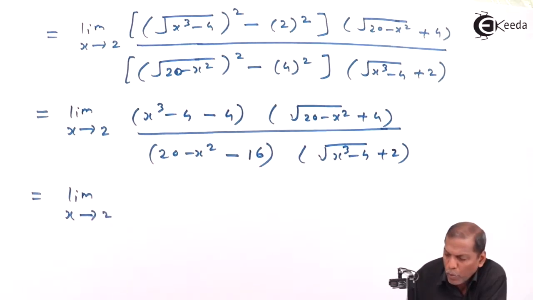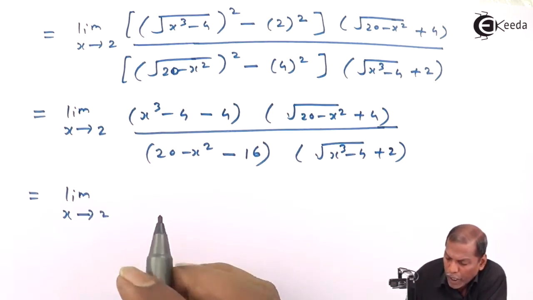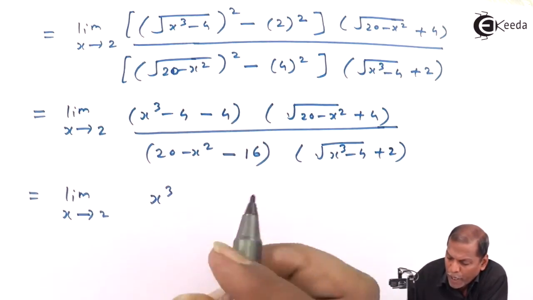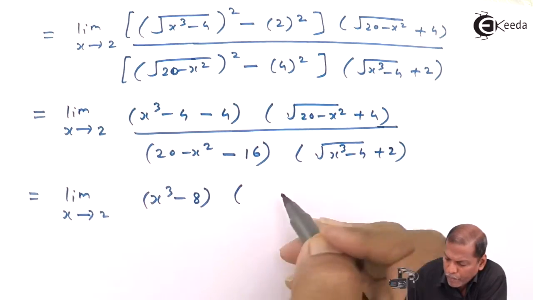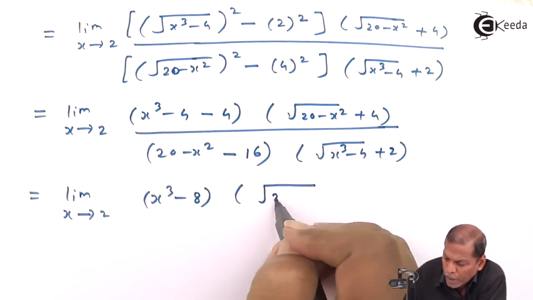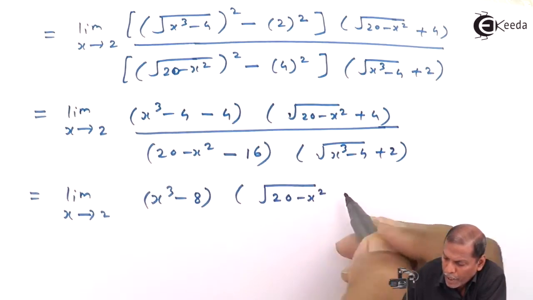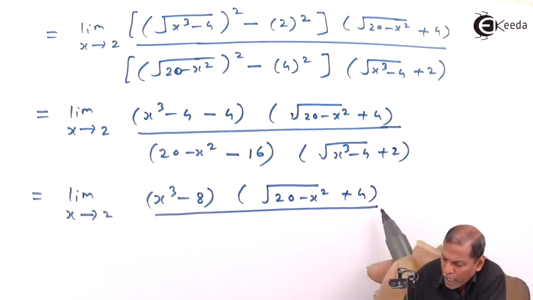Equal to limit x tends to 2. Now x cube minus 4 minus 8 minus 4 gives us x cube minus 8. Then the second bracket, square root of 20 minus x square plus 4, we write as it is.